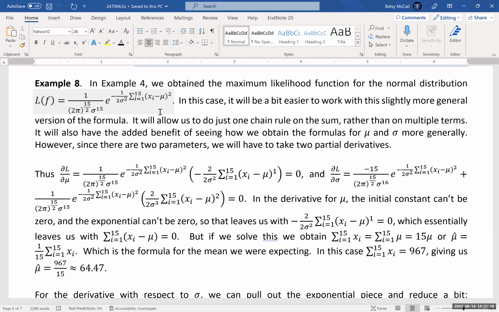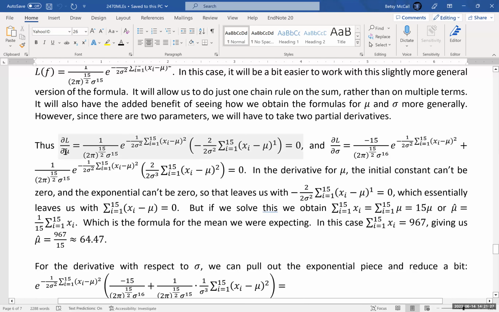Now, as I said, because there are 2 parameters we have to solve for, we have to take 2 derivatives. The first derivative we're going to take for this function is with respect to mu. That means that all of this stuff out here that doesn't contain mu is just a constant and doesn't do anything.